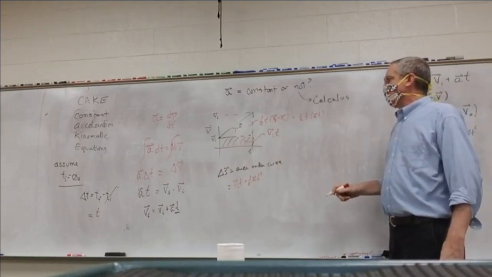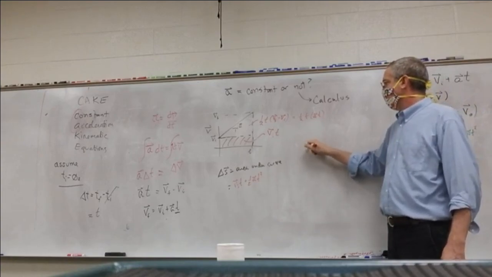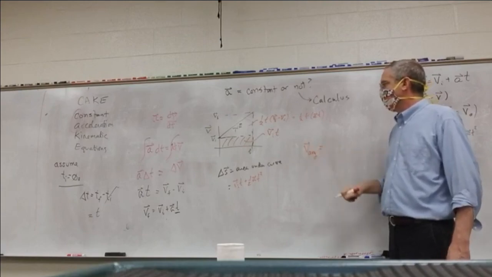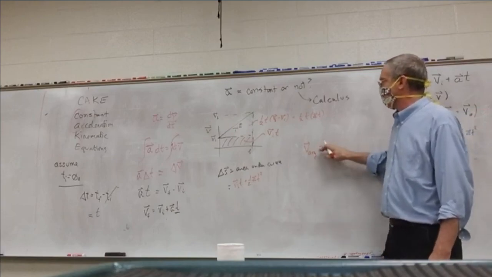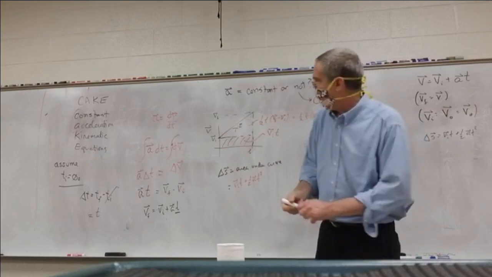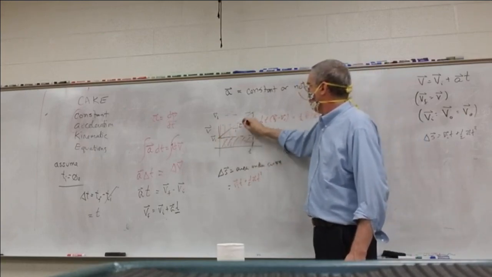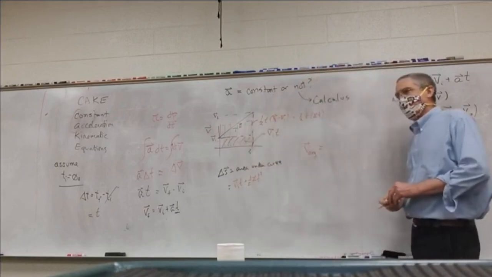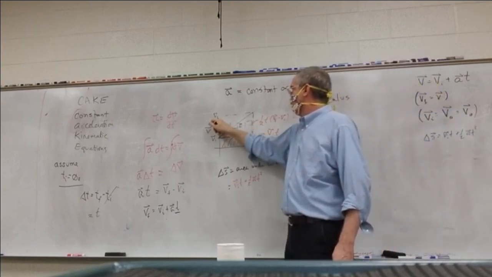Now, if I wanted to find the average value of velocity, the average value is defined as, I should be able to do the average velocity. I'm basically going to create another rectangle here. I want to create a rectangle that has the exact same area as the function does. That would be my average.